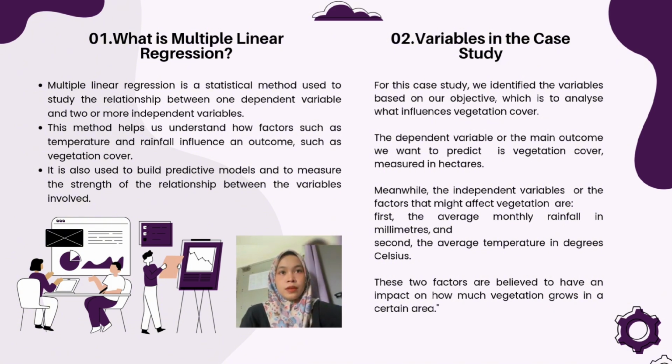The dependent variable, or the main outcome we want to predict, is vegetation cover measured in hectares. Meanwhile, the independent variables, or the factors that may affect vegetation, are first the average monthly rainfall in millimeters and second the average temperature in degrees. These two factors are believed to have an impact on how much vegetation grows in a certain area.